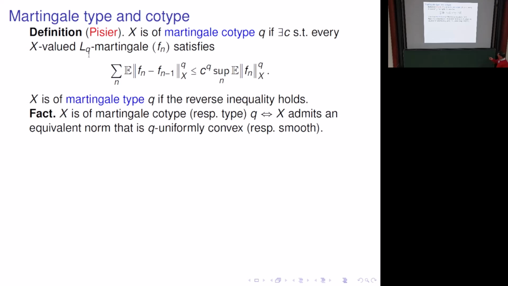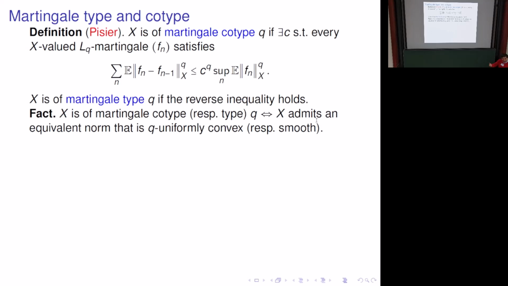Okay. So if you have never seen such a notion, I will just explain the geometric meaning. This is the famous theorem of Pisier, which states that X is of martingale cotype Q if and only if X admits an equivalent norm that is Q uniformly convex.